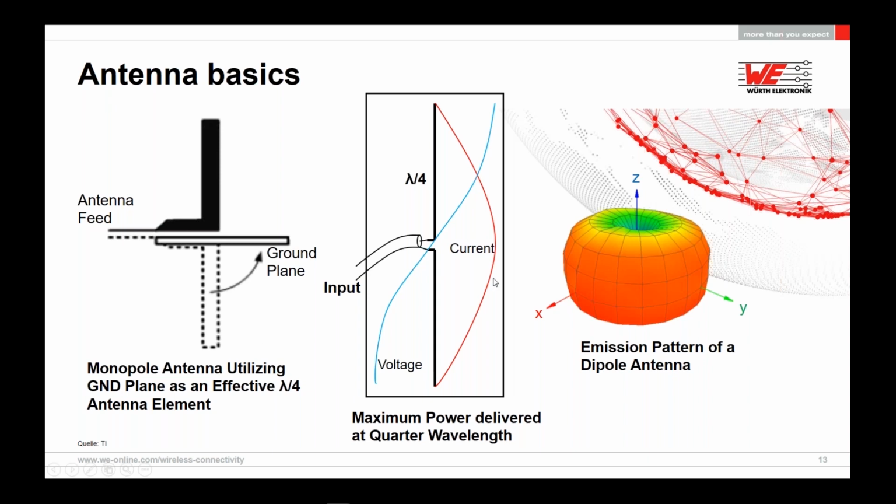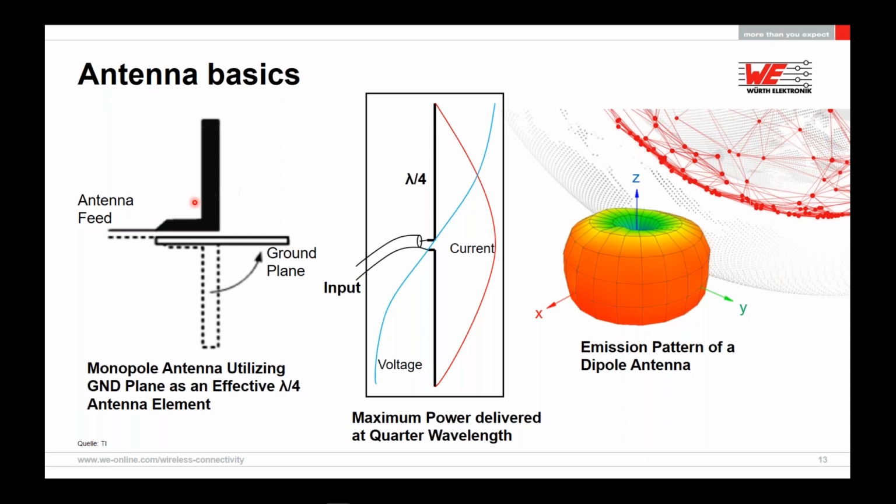In other words, if you look in the middle here, my maximum power is delivered at a quarter wavelength, and a quarter wavelength would be the top half of this antenna. That would be my radiator, a copper or aluminium wire, and the reverse part thereof, the negative or the ground, or a ground plane. Now, if I have a resonating antenna on 868, I'd have a voltage maximum at the peak of the antenna and a minimum of current, in other words, the maximum reflection and the minimum of loss.